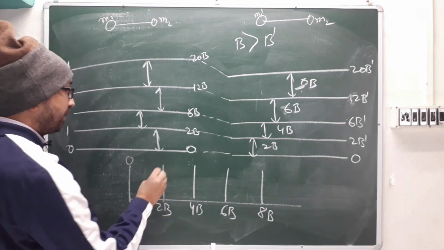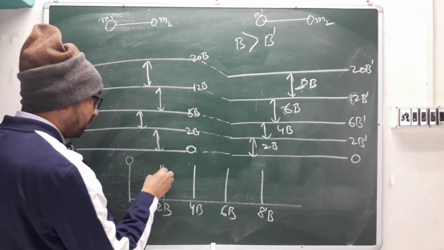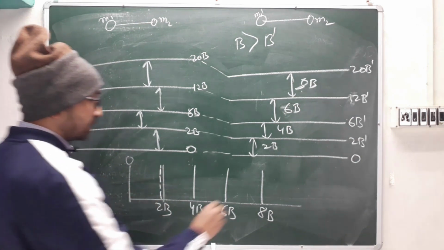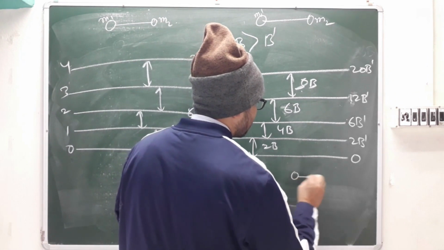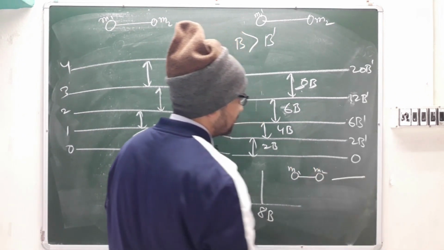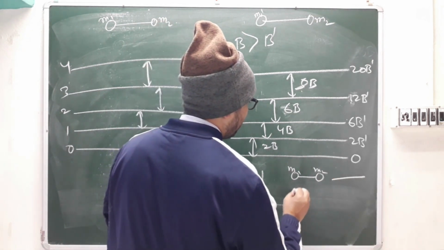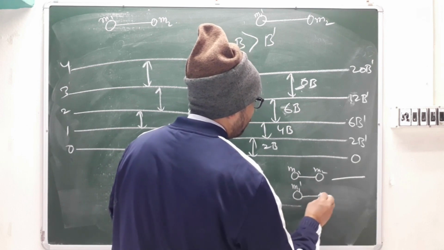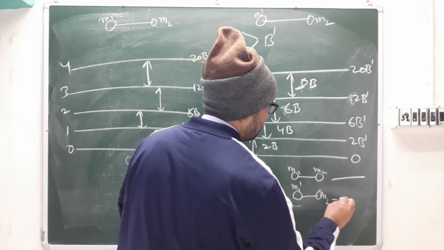And we have the prime. So the normal one, M1, M2, I will make with a solid line, and for the M1 prime and M2 we will make a dash line.